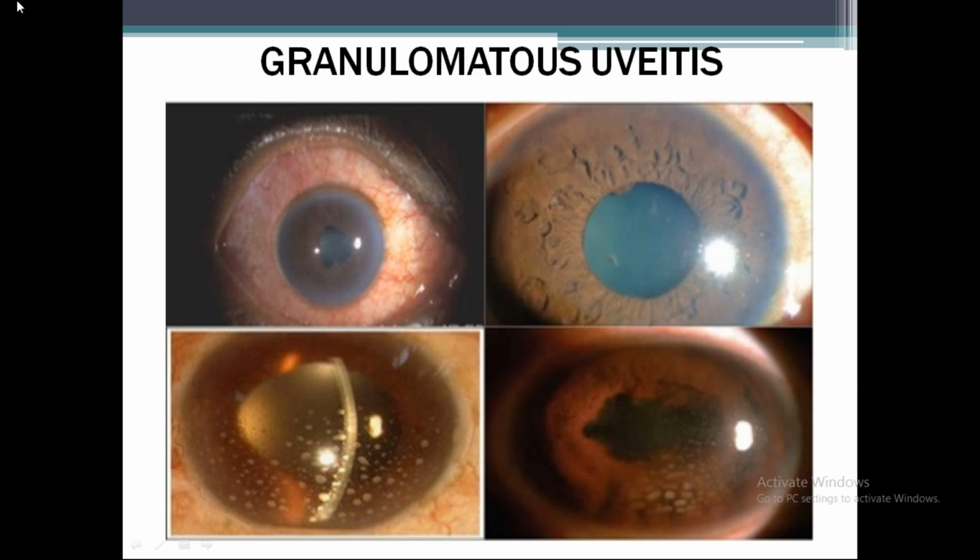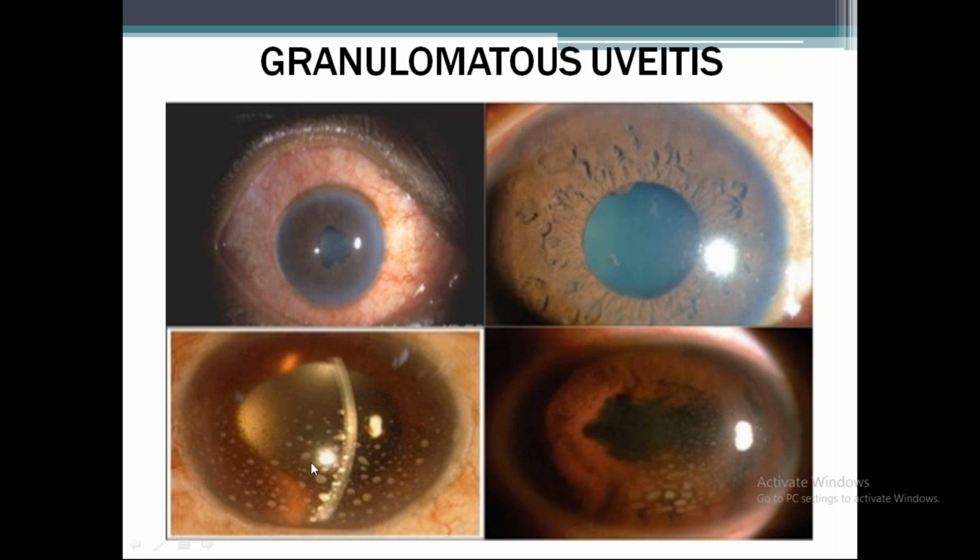Coming to uveal tissue, there are various manifestations of uveitis. This is a chronic granulomatous type of uveitis. You can see here there are mutton fat KPs, posterior synechiae, and there are Busacca or Koeppe nodules here, and a lot of mutton fat KPs.